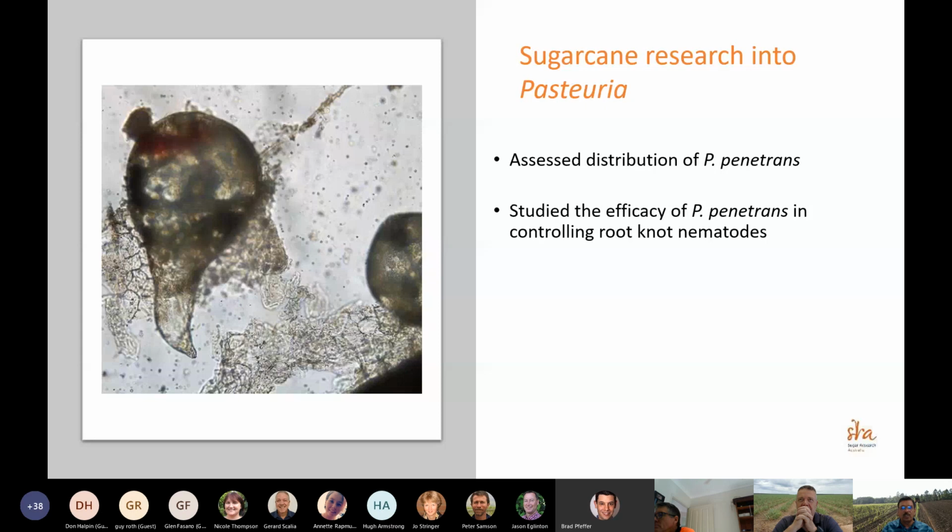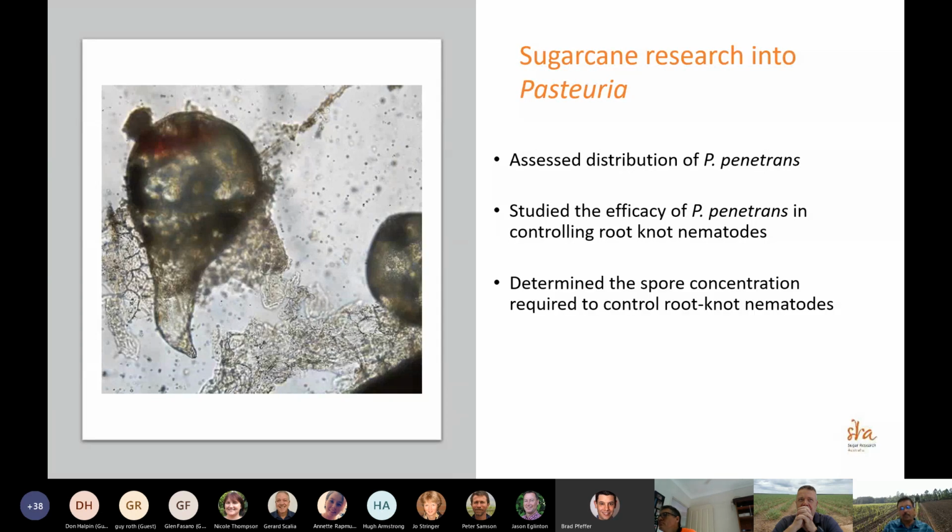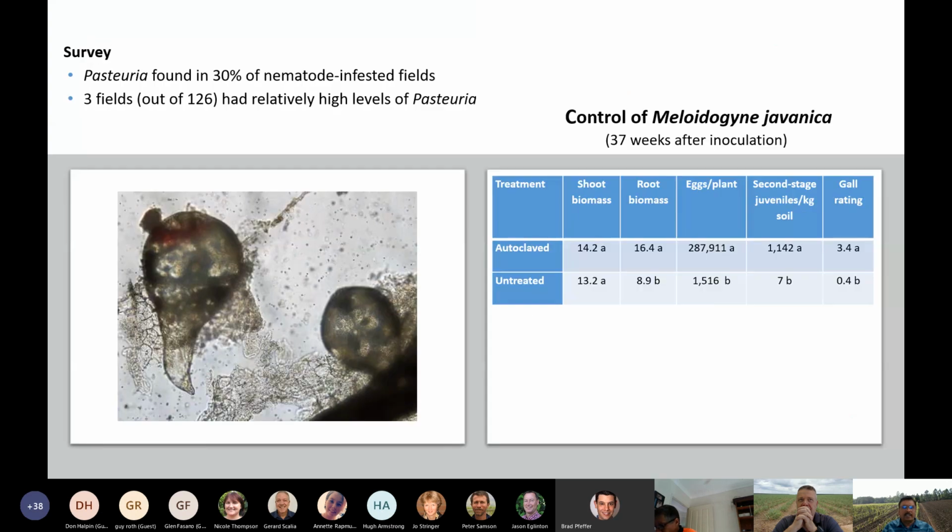Then we wanted to see whether the Pasteurella present in the sugar industry is able to control the root knot. And lastly, even if it's able to control the root knot, how much Pasteurella do we need to effectively control the root knot? So these are the results.